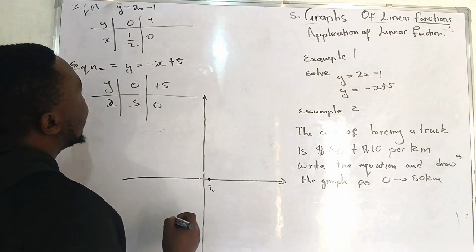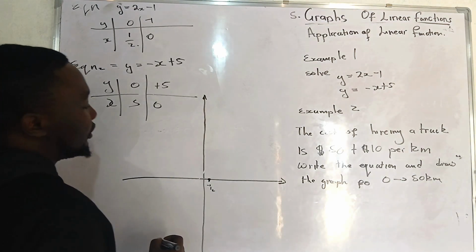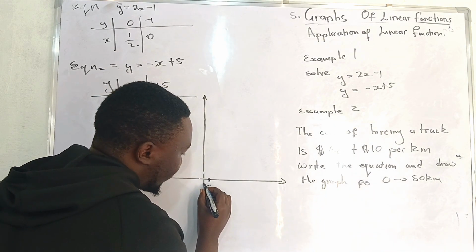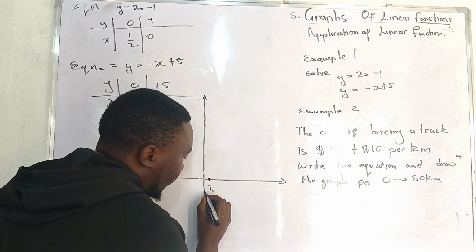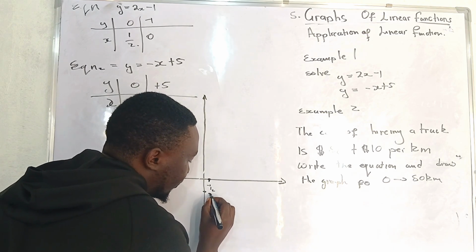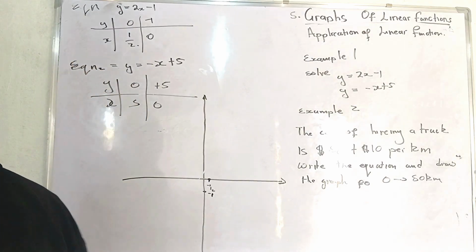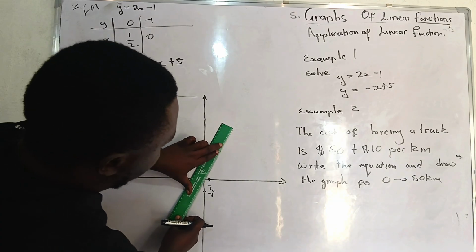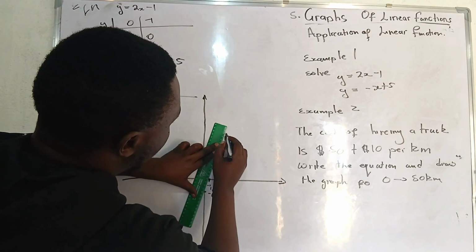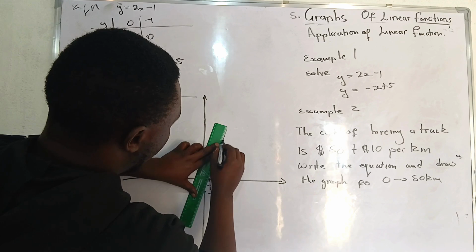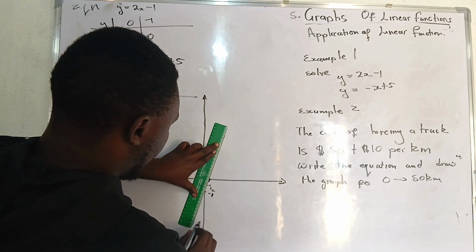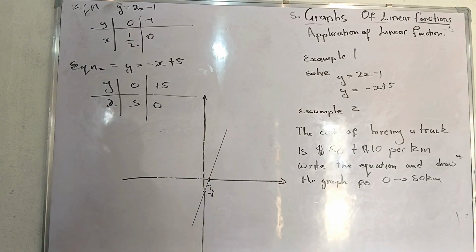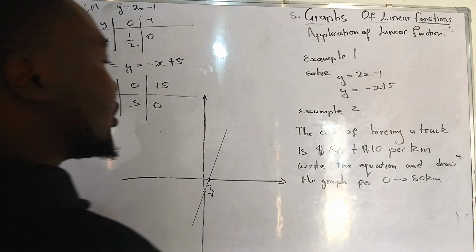When x is 0, y is minus 1, so we have a point here at minus 1. So we now have 2 points and we can plot a graph. Remember, when you are solving simultaneous equations by drawing them, make sure that you draw them on graph paper so that you can estimate an answer that is closer to accuracy.